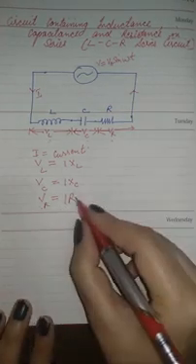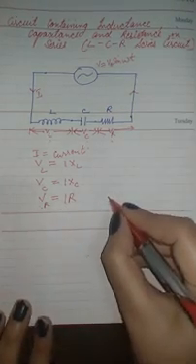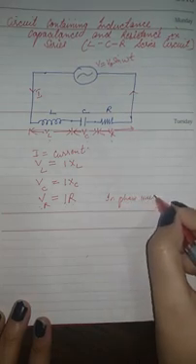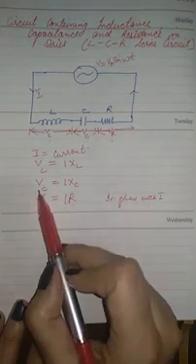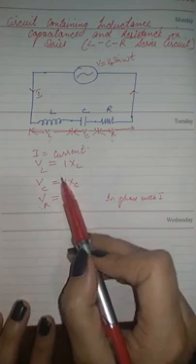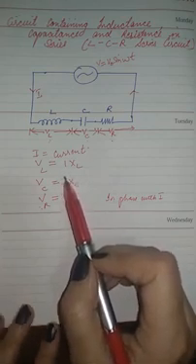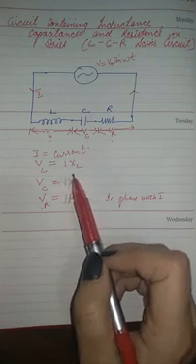So VR is in phase with I. Now VC, we'll draw the vector diagram also.